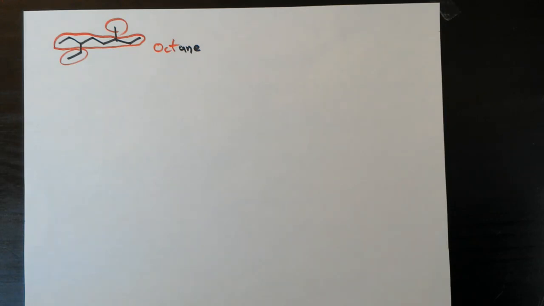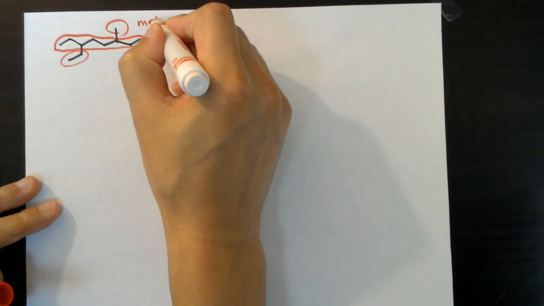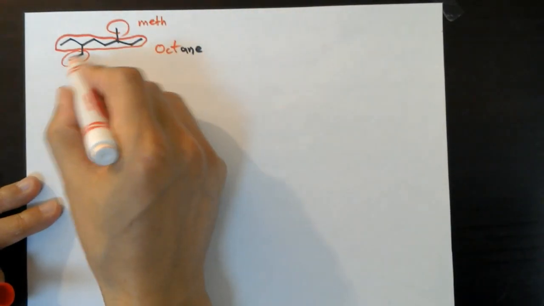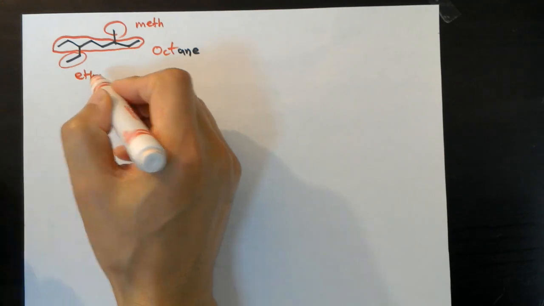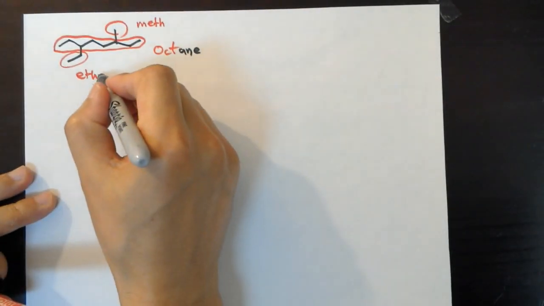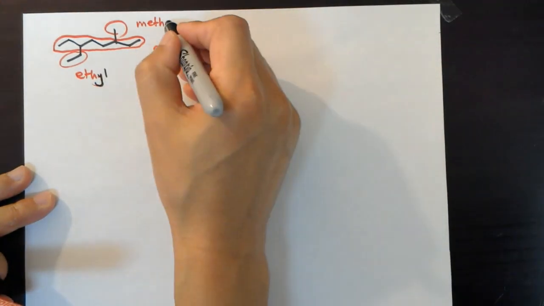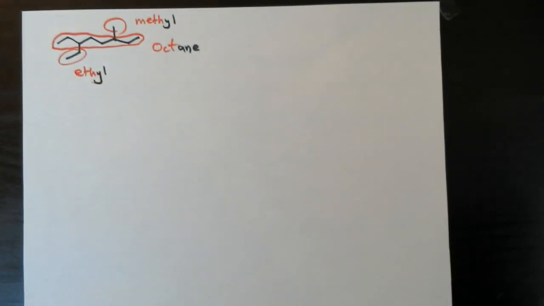Then you have 2 side chains. This one has 1 carbon in it, so meth. 2 carbons, eth, and because it's a side chain, ethyl, methyl. Then you have to number.